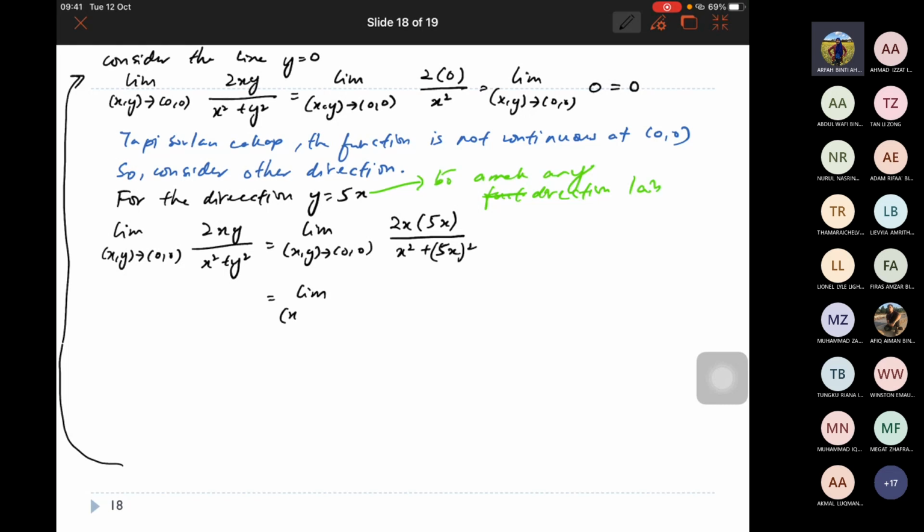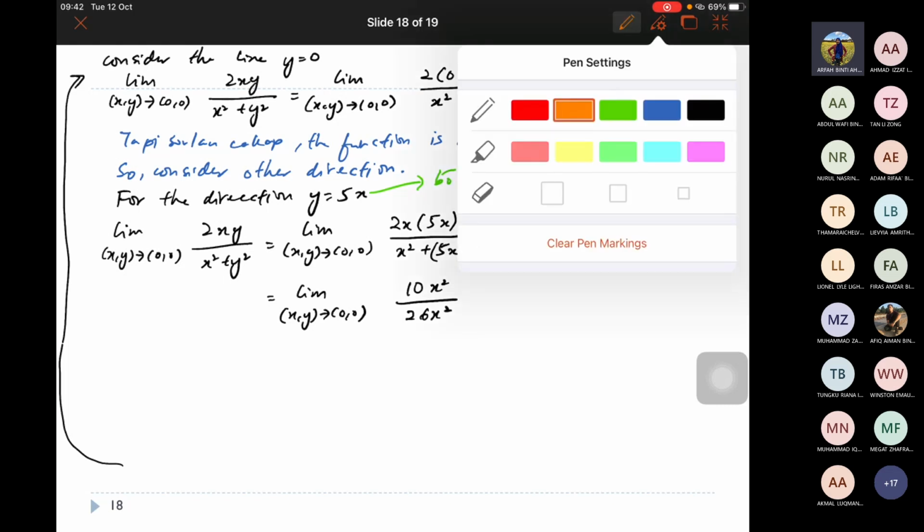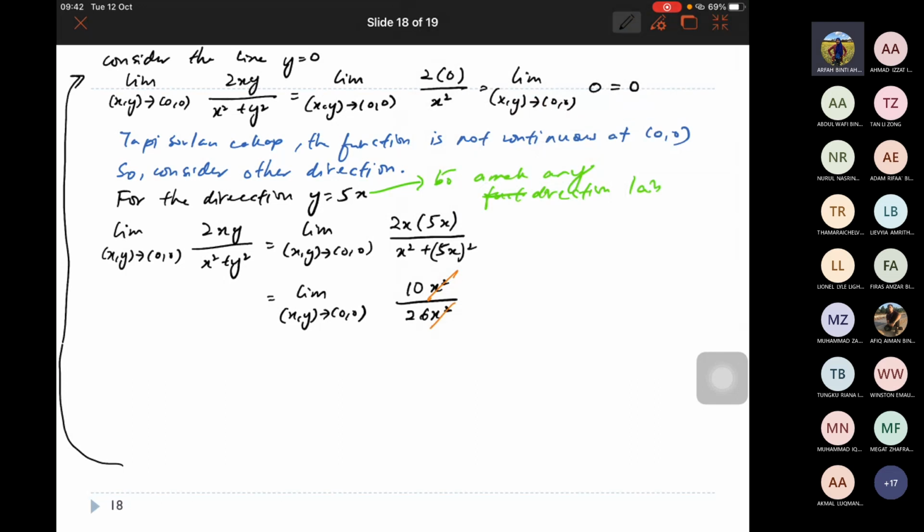So dapat the limit of xy approaches 0, 10x squared over 26x squared. Okay. So x squared tu kita boleh hapuskan. So from here akan dapat ianya akan sama dengan the limit of xy approaches 0. Okay. 10 per 26 sama dengan 5 per 13.